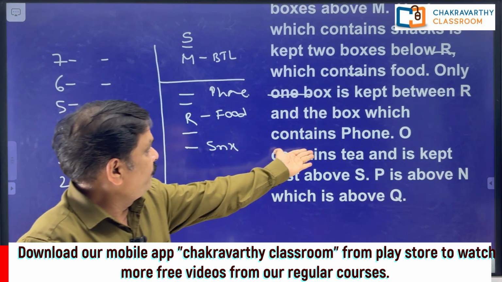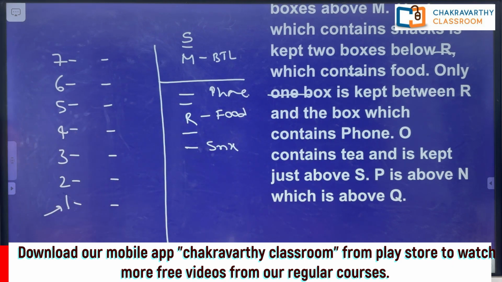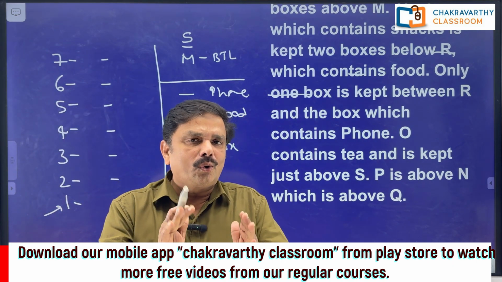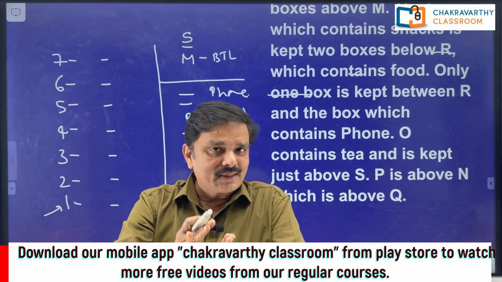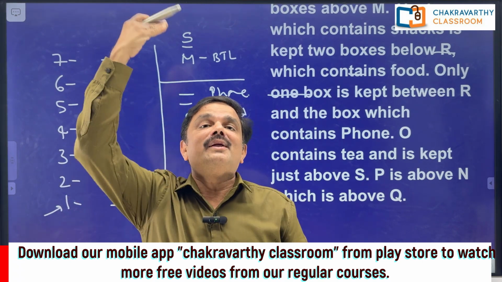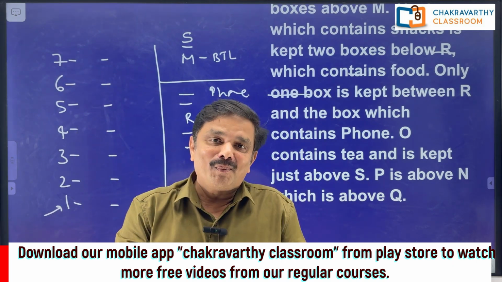Okay, what's the next information they have given here? O contains T and is kept just above S. What do you mean by just above S? There is a lot of difference between above S and just above S. Just above S means immediately above S. Above S means maybe immediately, may not be also.